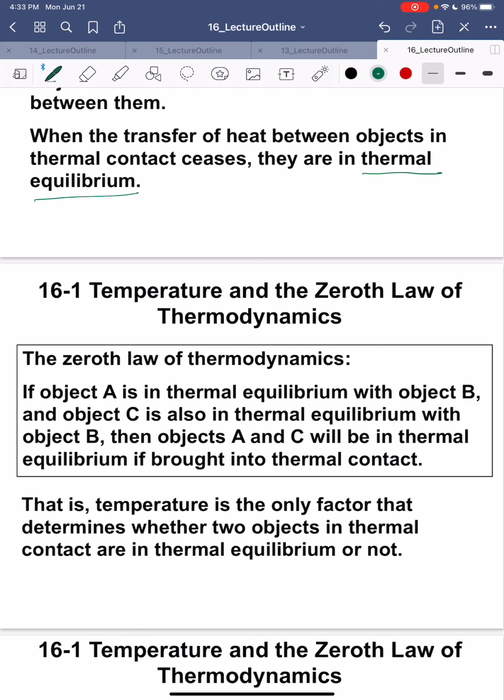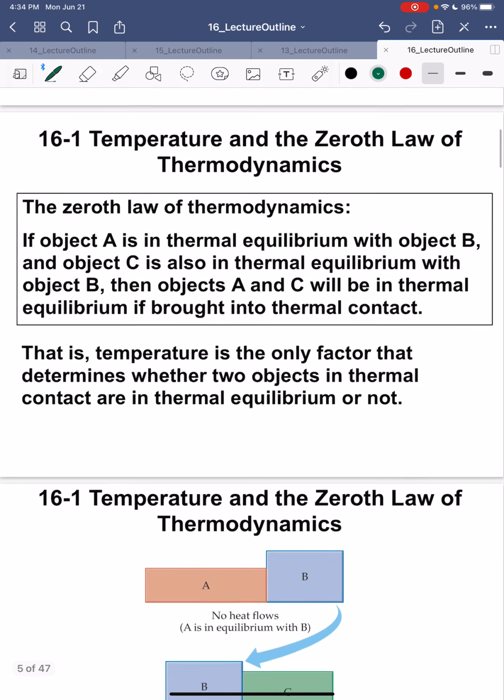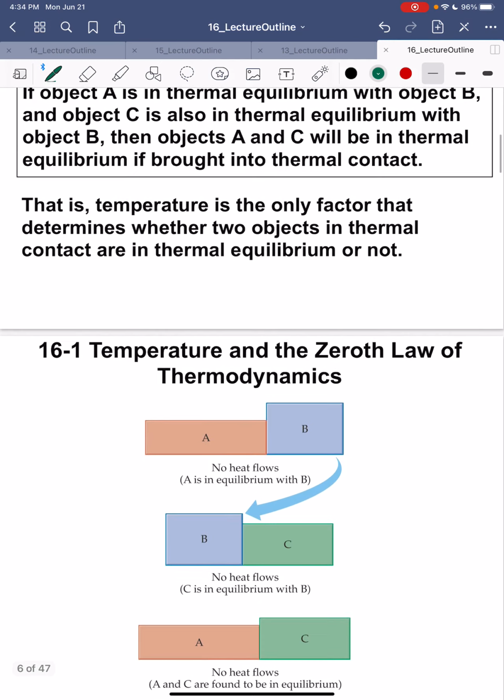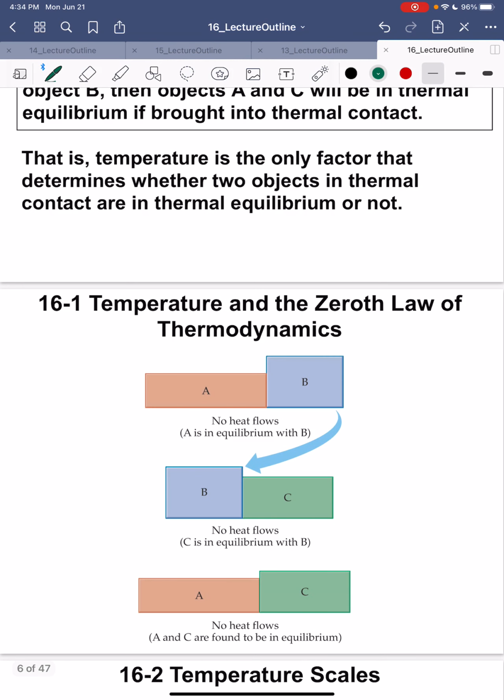If object A is in thermal equilibrium with object B and object C is in thermal equilibrium with object B, then objects A and C will be in thermal equilibrium if brought into thermal contact. That is, temperature is the only factor that determines whether two objects are in thermal equilibrium or not. When they reach the same temperature, they are in thermal equilibrium.